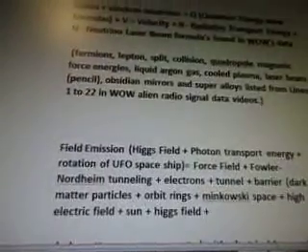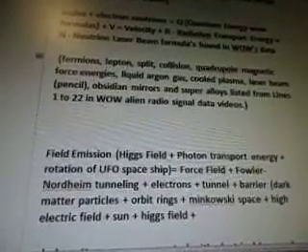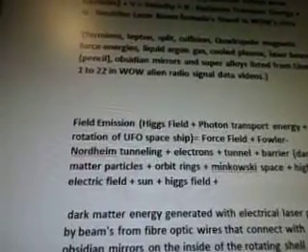The fermions, lepton, split, collision, quadruple, I don't know if it's quadruple, magnetic force energies, liquid argon gas, cooled plasma, laser beam pencil, obsidian mirrors, and superalloys listed from lines 1 to 22 in WOW alien radio signal data videos.